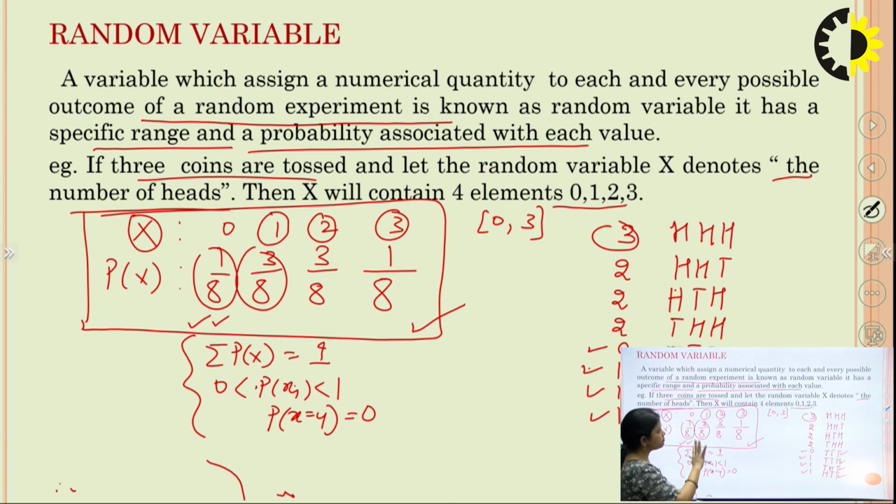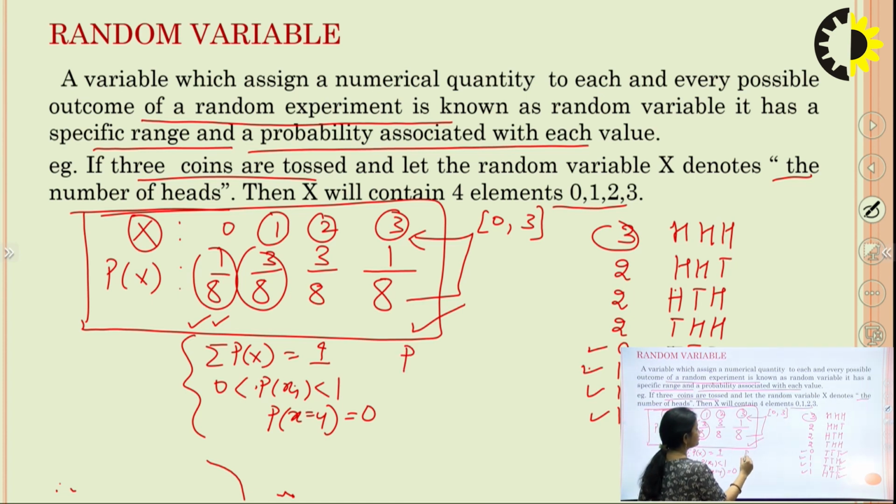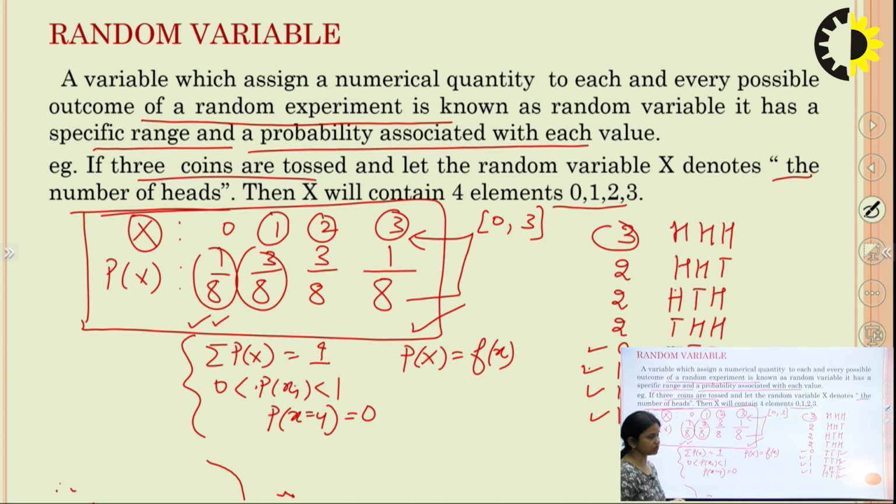But in many cases, we can observe a mathematical relation between the probabilities and the corresponding random variable. If we can find or derive or we know a functional relationship between the random variable and its probability, then it will be easy to find the probability. We have no need to find the probability for each and every value by counting the number of favorable cases and the number of total cases.